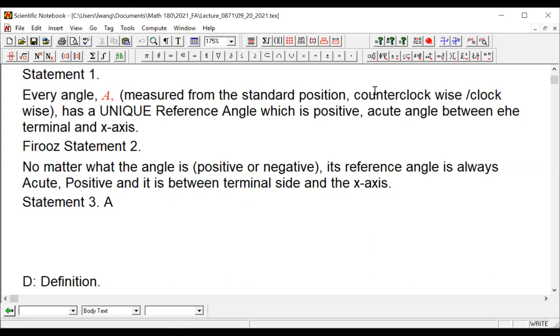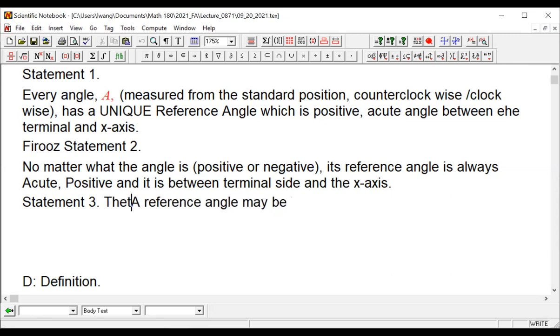Any one reference angle, so this is the word I'm using, a reference angle may be the terminal of a reference angle.